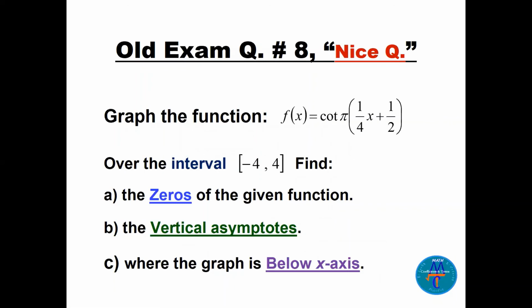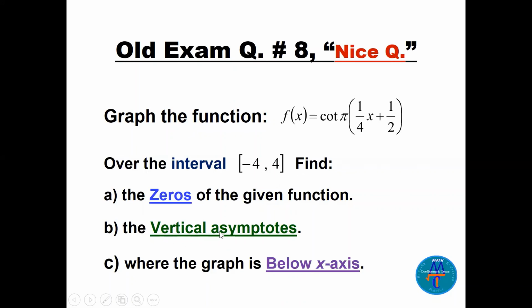And the last one is a nice one: cotangent pi bracket 1 over 4x plus half over the interval minus 4 to 4. So here we have, I think, 4 parts. Graph it, from minus 4 to 4. Then find the zeros of the function from minus 4 to 4.